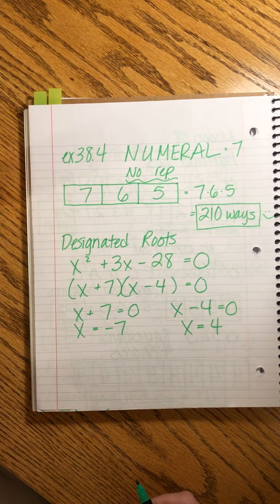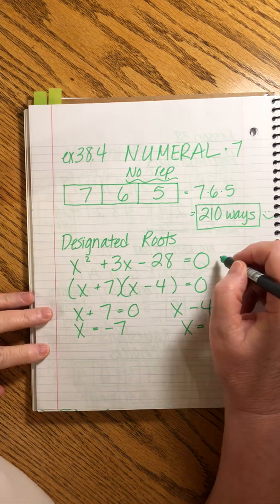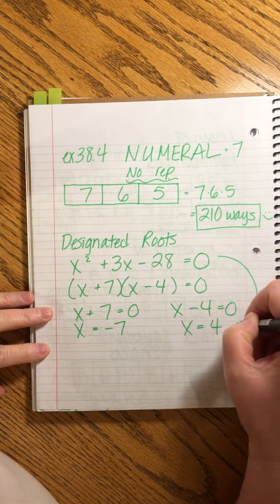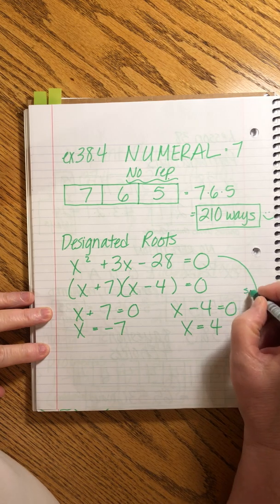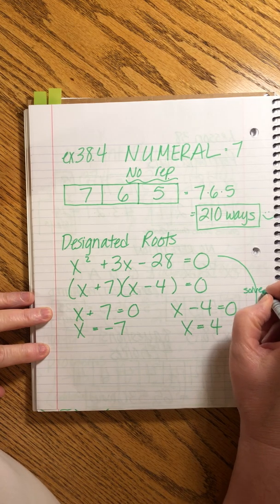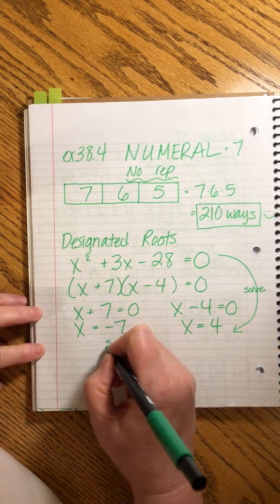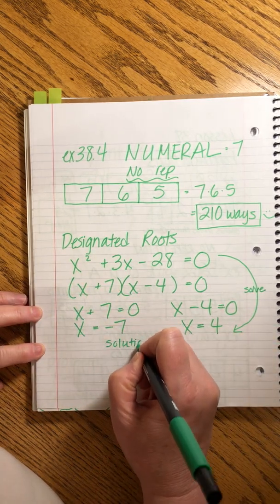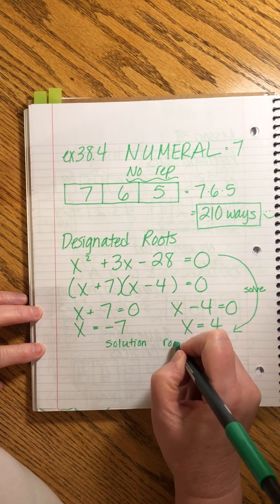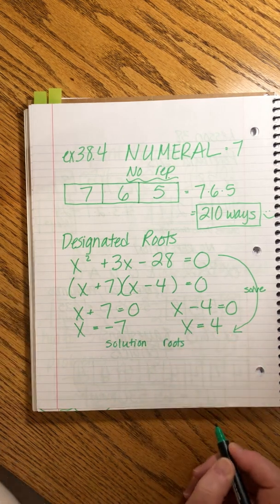Now, what we're going to do is, instead of going in this direction, where here we're solving for the roots, here, this we call the solution, right? Or we also find the roots.